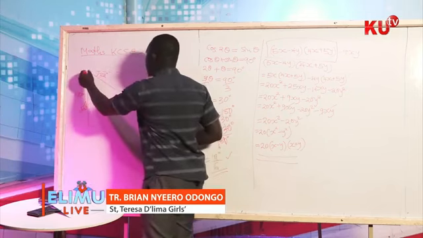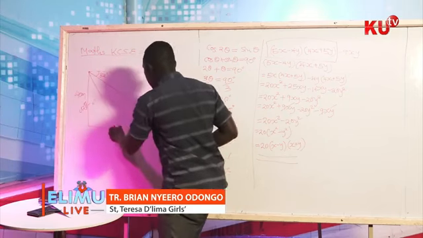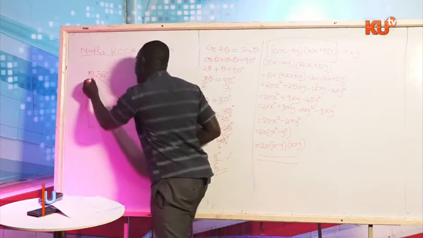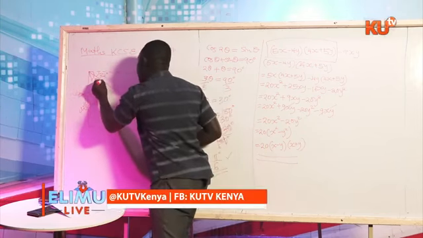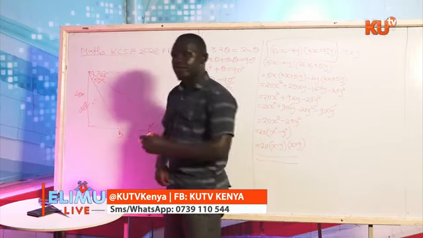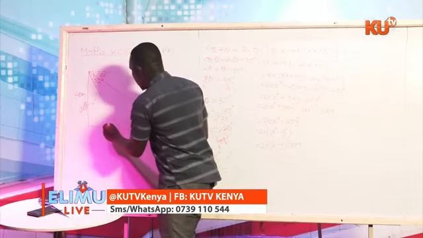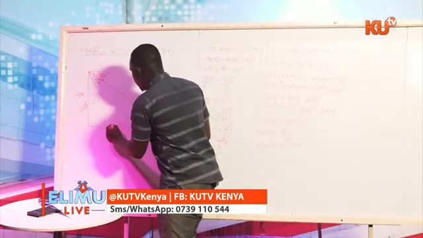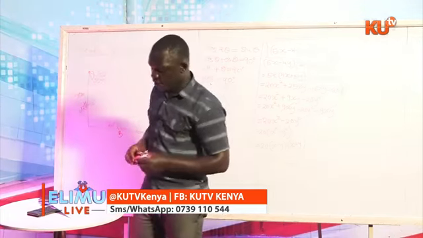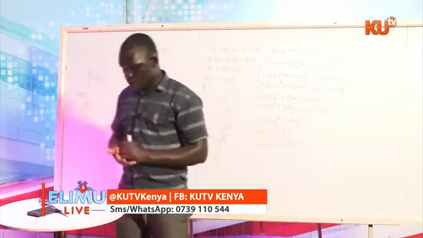So this is where boat B will be. Still, this angle is alternating with this angle, therefore they are equal. So this angle here also will be 52 degrees. Now, after having your sketch, it is very easy to proceed and answer your question.